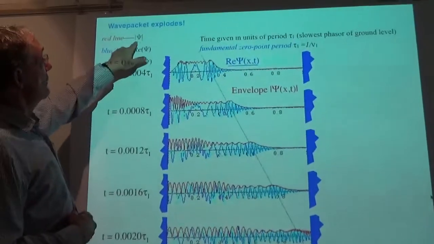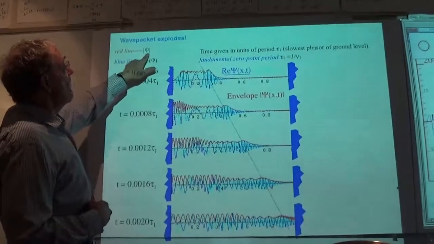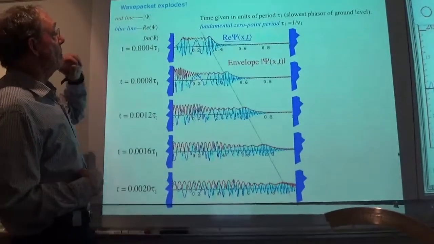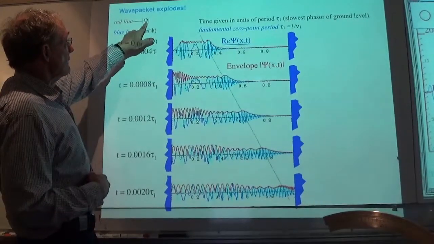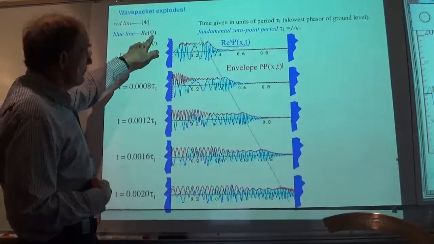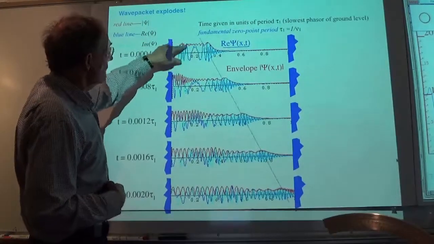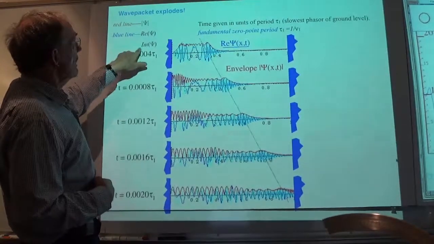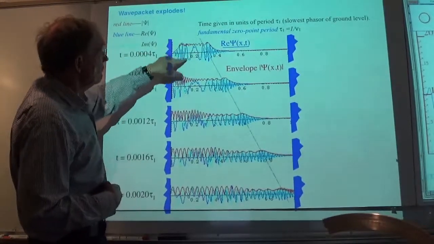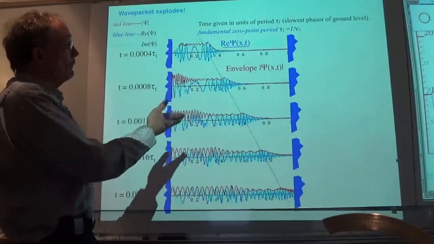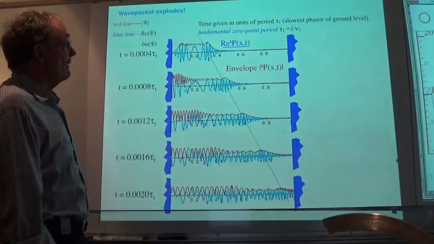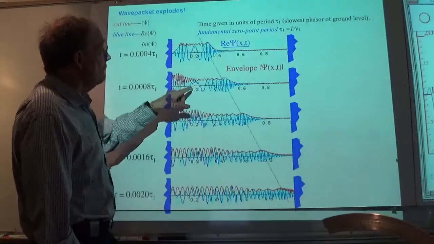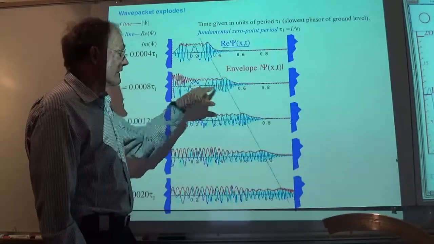The red line is the magnitude. That's the square root of the probability. The blue line is the real part. See the blue line inside there? And the cyan line is the imaginary part that's roughly pi over 2 out of phase with the real part. And you're seeing the kinks, 100 kinks.